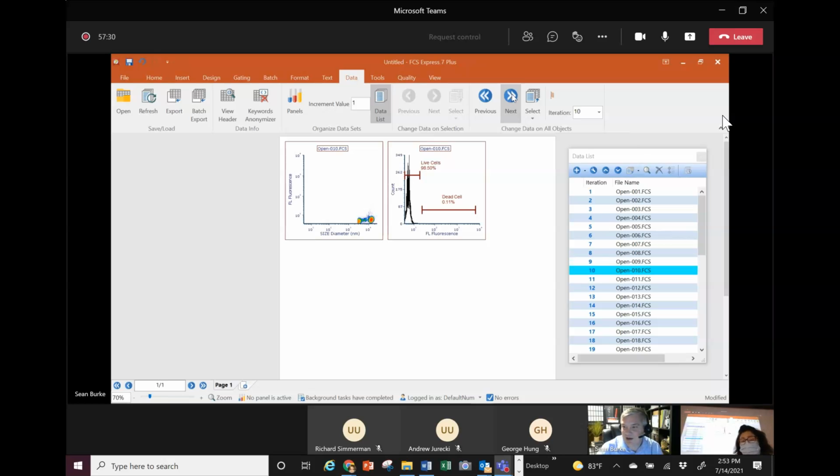So by using analysis tools like this, we can quickly crunch through lots and lots of data. And it doesn't mean that I need to sit here and write down that that tube had 98% of cells and then move to the next one and write down that that one had 99% of cells, right? There's all this functionality in the software that I don't want to bore you with today, about how we can export this stuff to Excel and get it into spreadsheets in FCS Express.